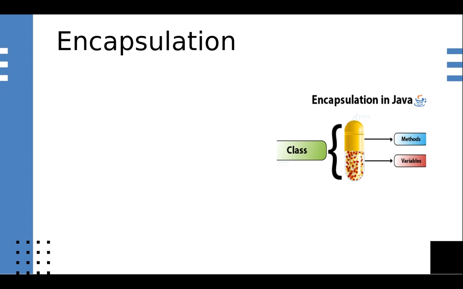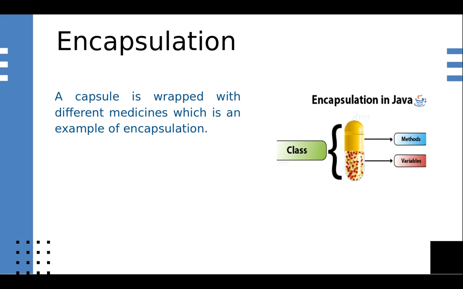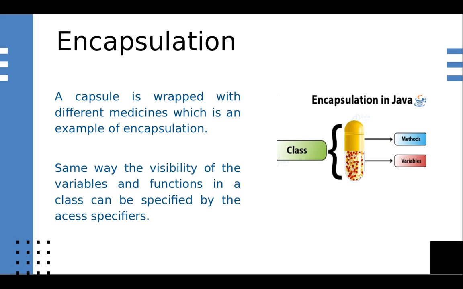That is the real life example I can give you. But how is it implemented in our Java program? Here, it's about visibility. The visibility of the variables and the functions can be decided by using access specifiers. So encapsulation is implemented using access specifiers.